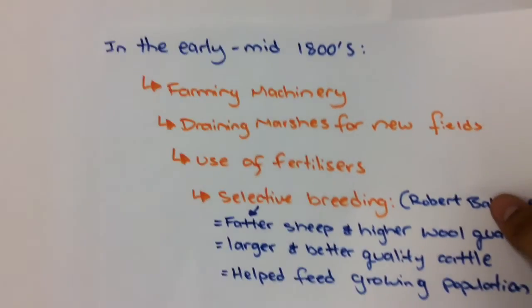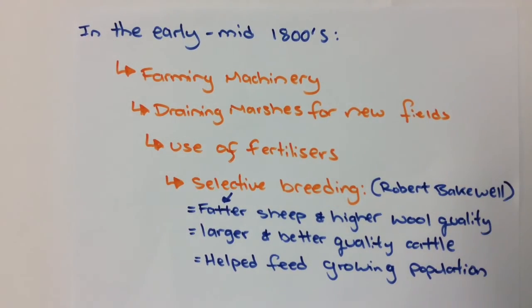In the early to mid 1800s, other developments such as farming machinery improved the production processes and how farming worked. The draining of marshes, which is like swampland that ordinarily wouldn't be used for farming, was drained of water and then could be used for farming.